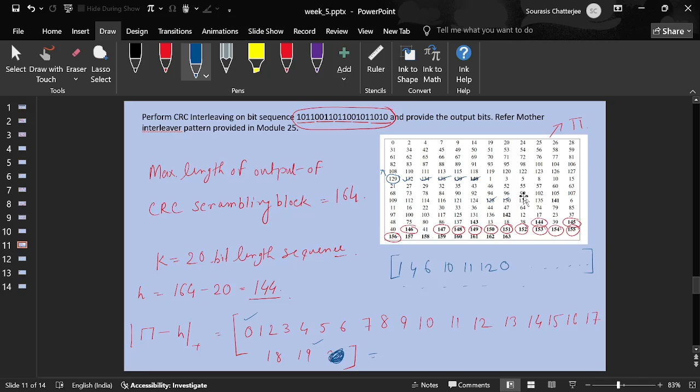But here, if we are taking equal to, the first becomes 0 because we are starting from 144. In that example, 128 comes later, so the 0 parts will come here as per that sequence. But in our example here, since 144 is appearing first, 0 will come at the first. Got it.